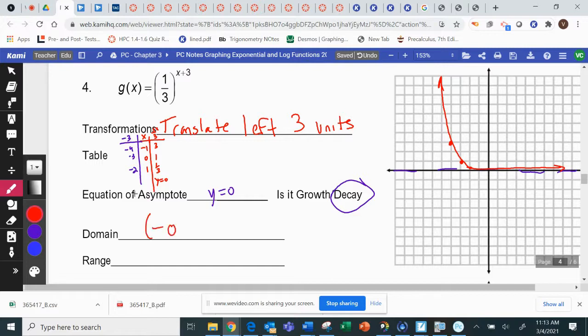Domain's going to be -infinity to +infinity. And Nick, can you help me with the range? 0 to infinity.